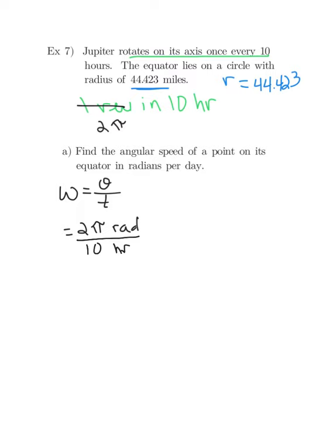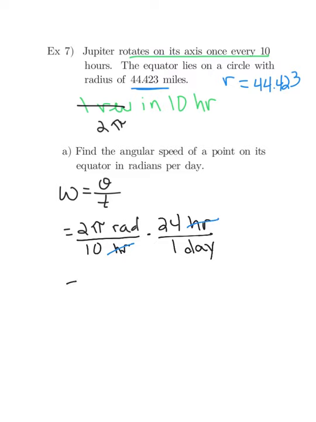Our label needs to be radians per day. So this is not a very difficult conversion. We only have one thing to do. We need to take it times how many hours in a day. We know that there are 24 hours in one day. Hours is currently in the denominator, so we need to put it in the numerator on our conversion fraction. So we're going to have 24 hours is one day. So now hours over hours have offset each other.